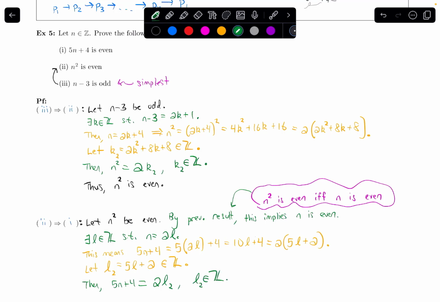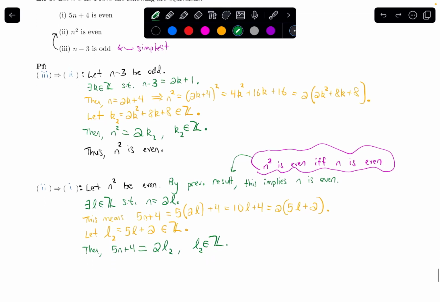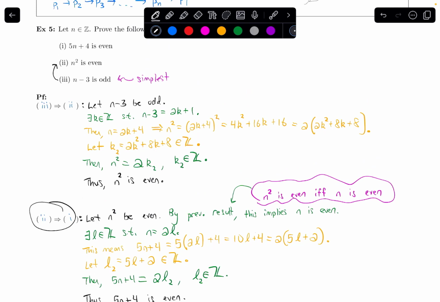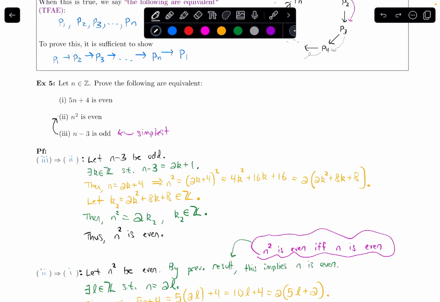So this is the definition, though, of what it means for 5n plus 4 to be even. So thus, this means 5n plus 4 is indeed even. Okay, awesome. So that has demonstrated this implication. So now we've shown that the second proposition implies the first one.